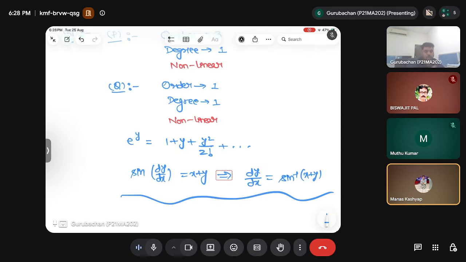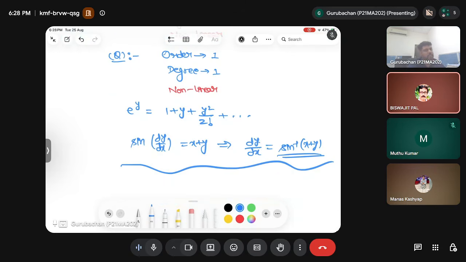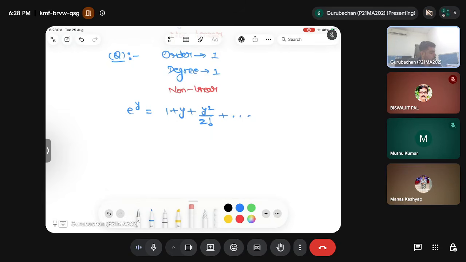No. This is again not linear with the same reasoning: expansion of sine dy by dx, not expansion of sine inverse. So here e to the power y plays a key role to show that this given differential equation is non-linear.